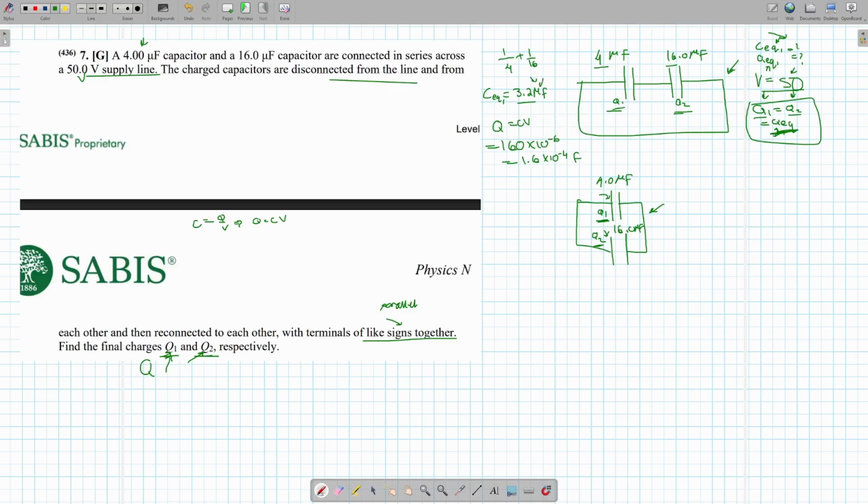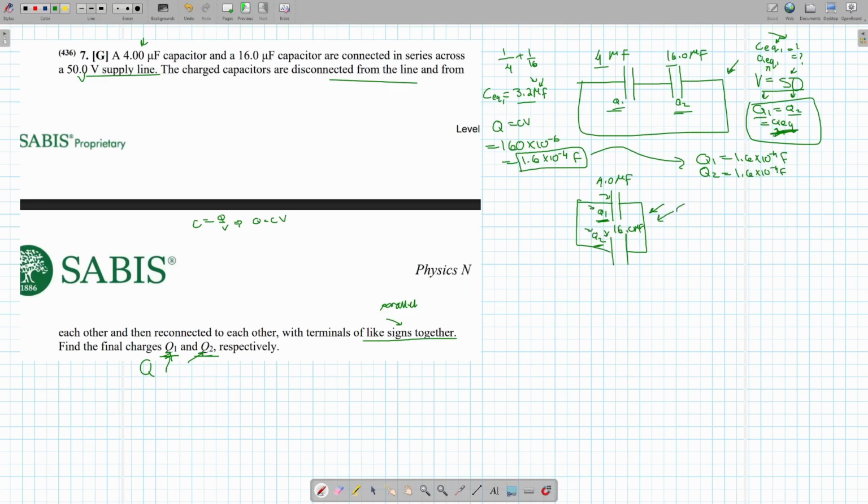Okay, why? Because this was micro, so I made it negative 6. Okay, so perfect. We now have our Q equivalent. Now, over here, this means Q1 is equal to 1.6 times 10 to the minus 4 farads, and Q2 is equal to 1.6 times 10 to the minus 4 farads. So we place it here, and we place it here.